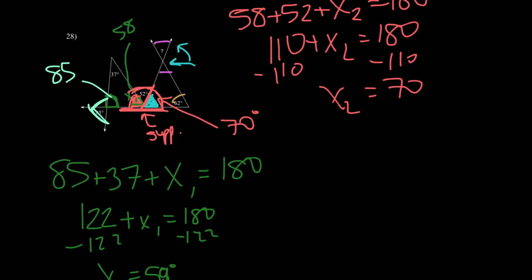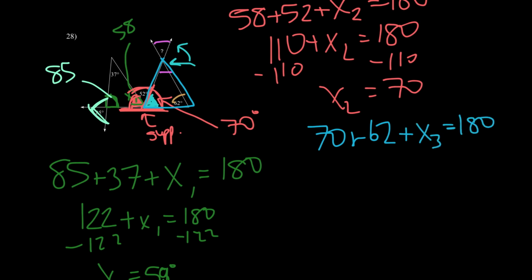Now I can look at this triangle here and again use the triangle sum theorem. So I can say 70 degrees plus 62 degrees plus x3 must equal 180. So 70 plus 62 is 132, plus x3 is 180.